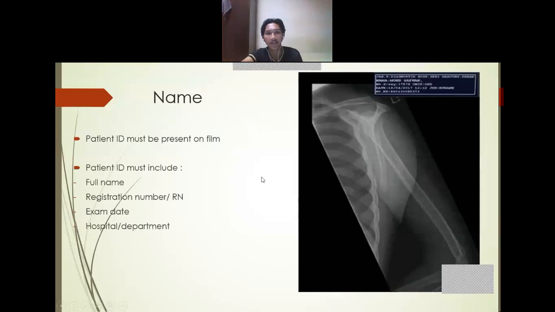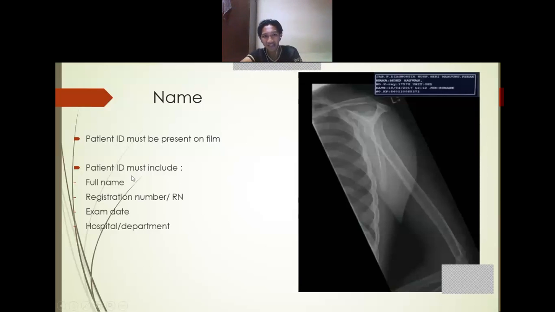It is the name. For the name, the patient ID must be present on the film right here. This is a sample of the patient ID on the film of a radiograph.